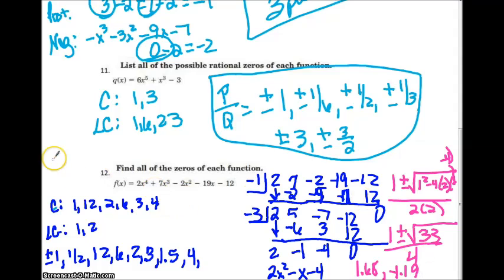So you've got a couple of ways you could do your answers. You know it's negative 1, you know it's negative 3, and then you would either say 1.68 and negative 1.19, or you could have said negative 1, negative 3, and 1 plus or minus the square root of 33 all over 4. Either way would work for giving your answer.